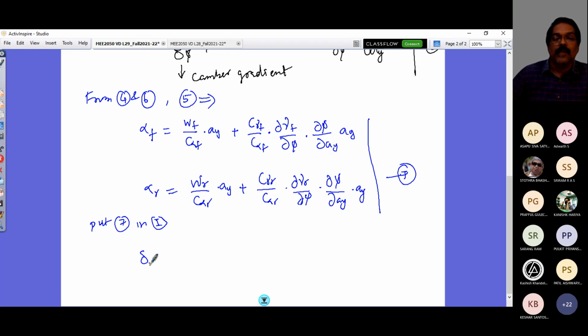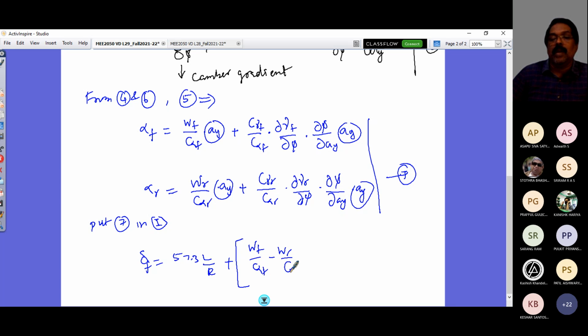I get delta f equals 57.3 L by R plus, if I substitute this, you see here I have an ay term, here I have an ay term, I can take it out. So I would have here Wf by C alpha f minus Wr by C alpha r. That is the term that comes from tire compliance.